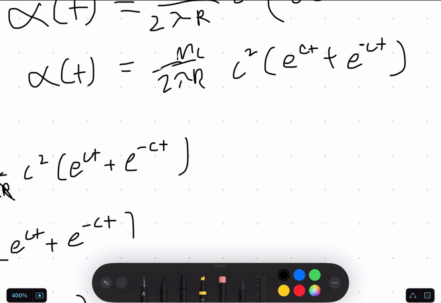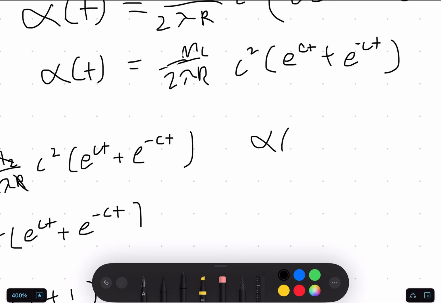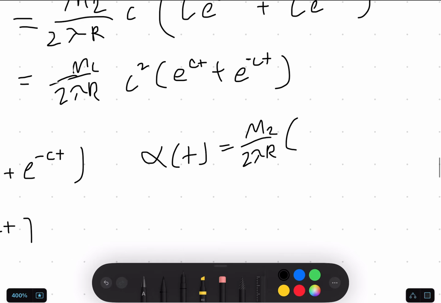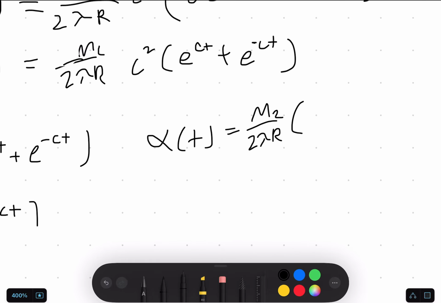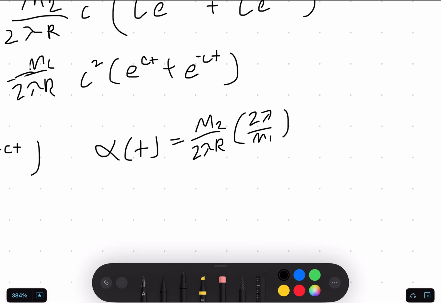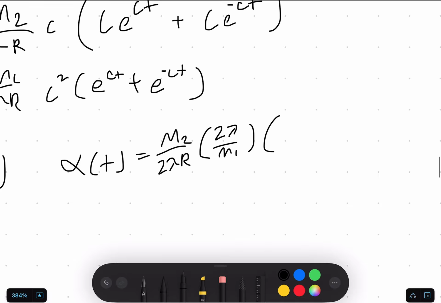And then we can plug this into our angular acceleration. This is just 2 over m1. Squares cancel out.